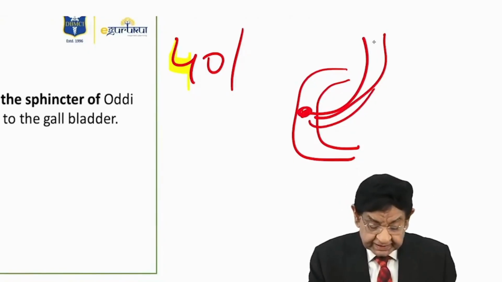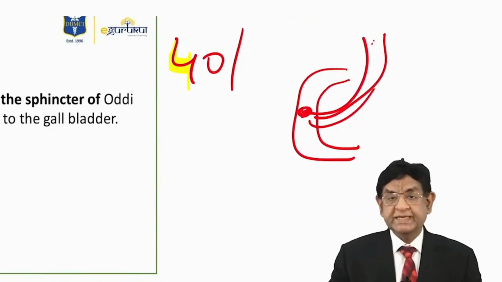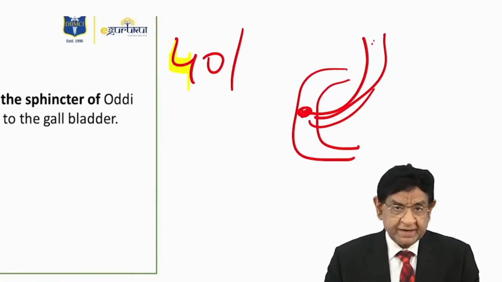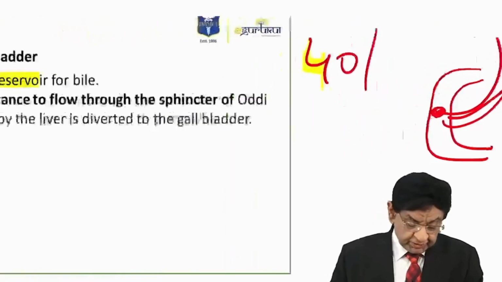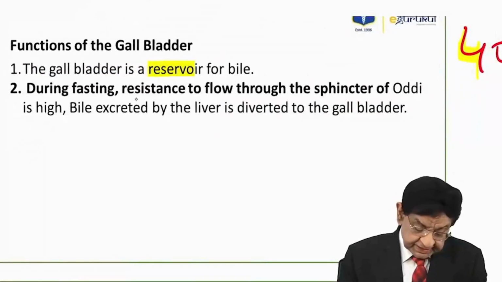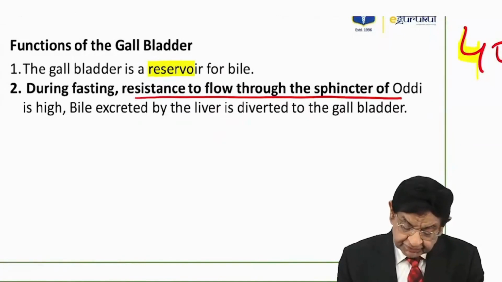So that's why this bile cannot come to the intestine. It will be diverted toward the gallbladder. So in the fasting stage, there is resistance to flow through the sphincter of Oddi.